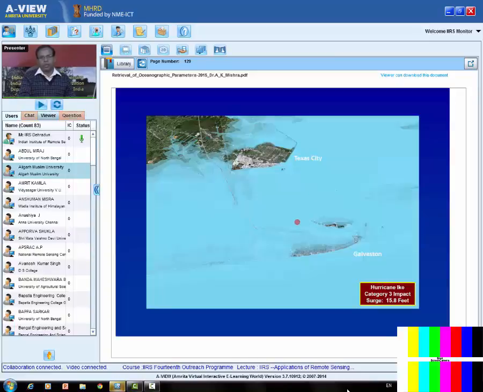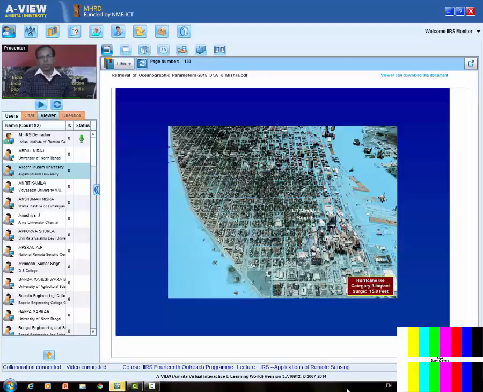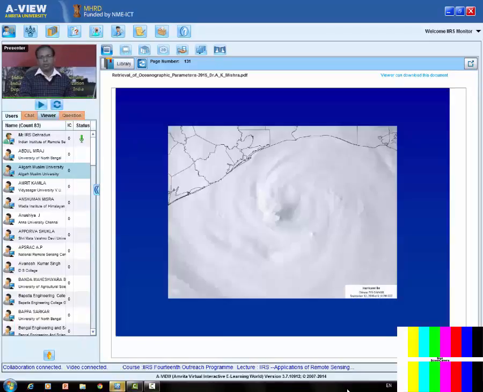This is another image, a forest, and this is how the water has entered into the city, captured by high resolution satellite data, how the city area is inundated with water.